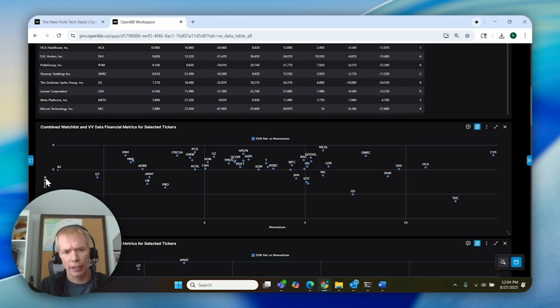EDB return, as a reminder, is the vector model probability weighted average price between the most recent closing price and the vector model 95th percentile to the downside. And so, sort of the expected value absent the tail events over a 21-day horizon.